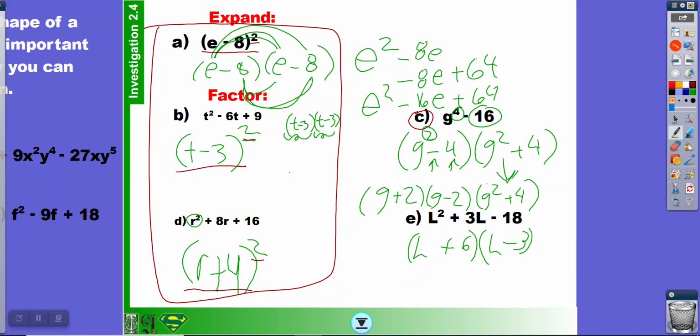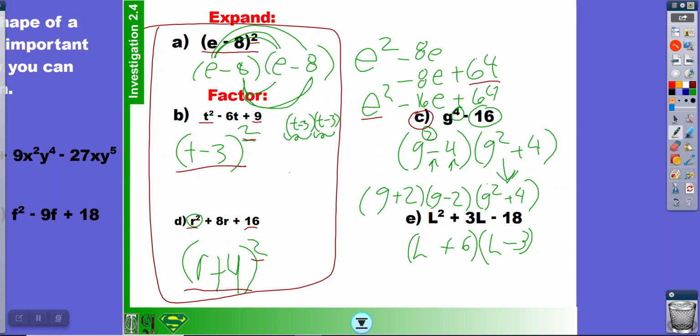And that shortcut is, notice how all 3 of them have a square term first. E squared, r squared, t squared, they're all square terms. Notice how the last term is also squared. 9, 16, 64, those are all perfect squares as well.